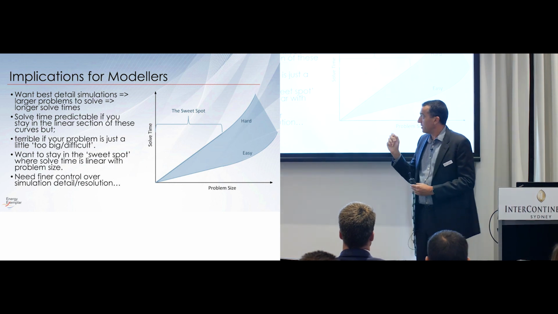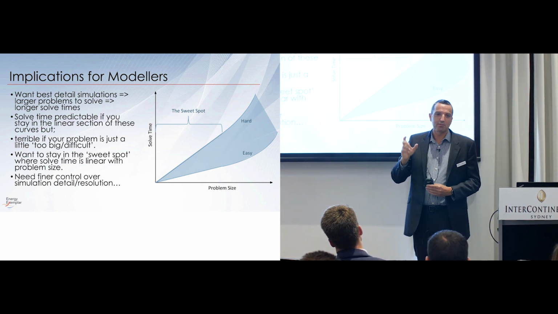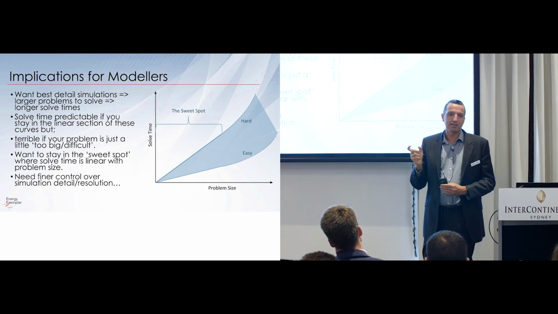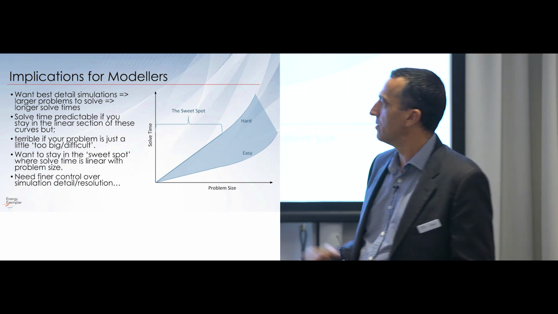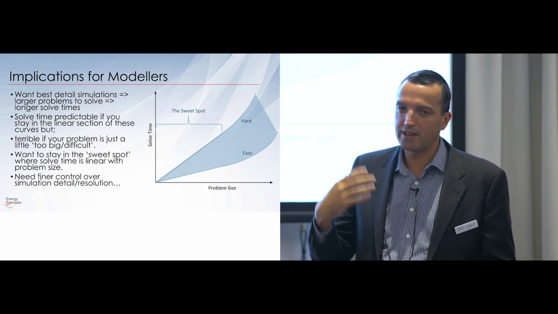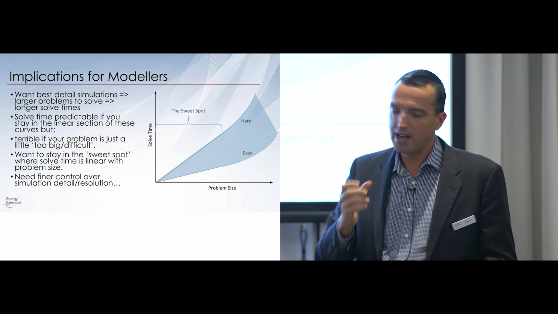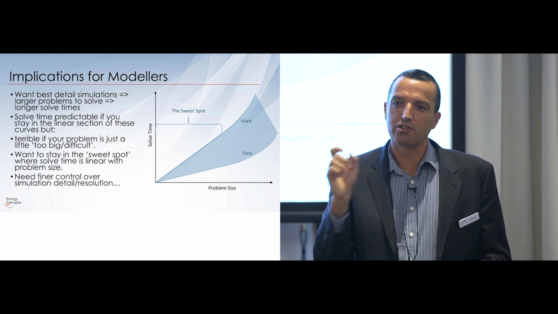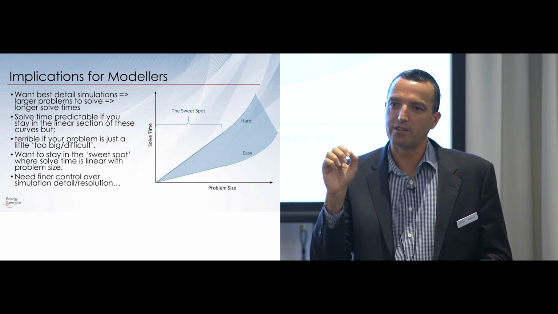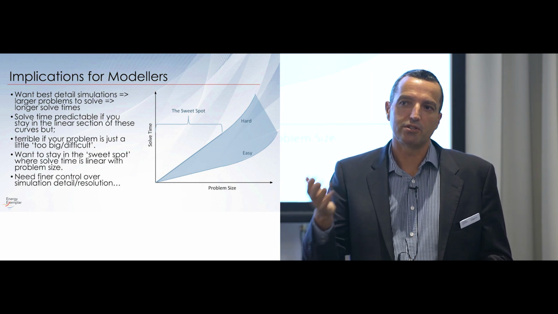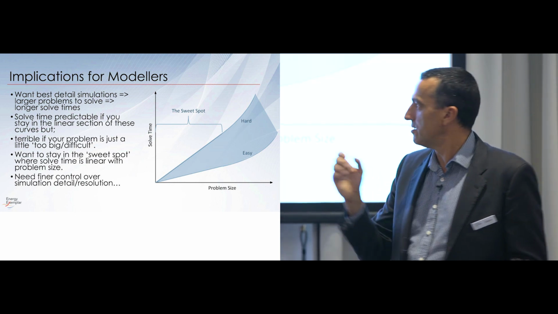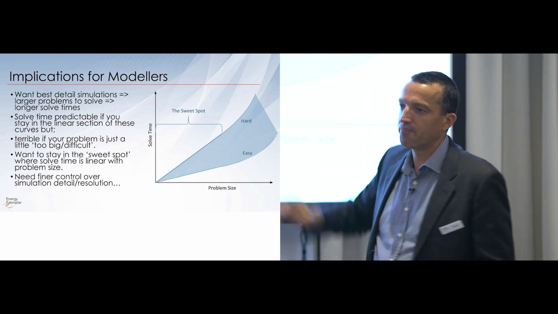Especially for MIP, it can be absolutely terrible if your problem is just a little bit too hard, right? You can go from a solve time of a few minutes to hours. So what this has motivated me to look at is how we give you finer control over the size of the problem, especially LT plan models or short-term unit commitment problems, so that you can stay in that sweet spot, right?